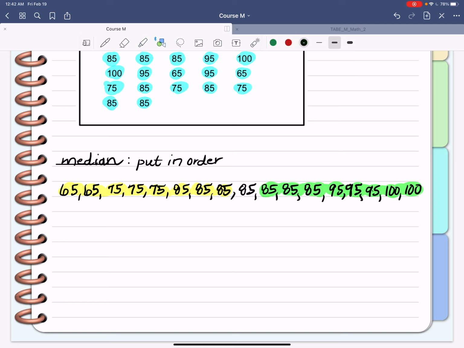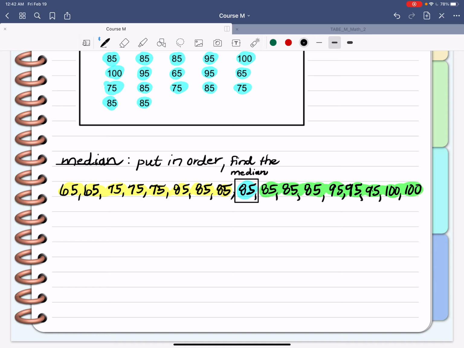And there's the one in the middle. Okay, so there is the median value. When they're written out in a line like this and you can find the middle, you can easily see the median. Middle. Put in order, find the middle.